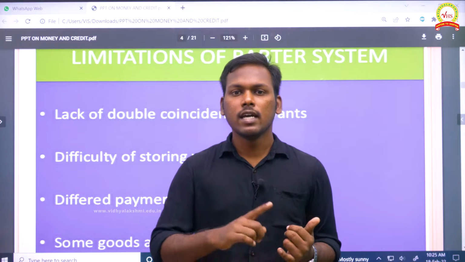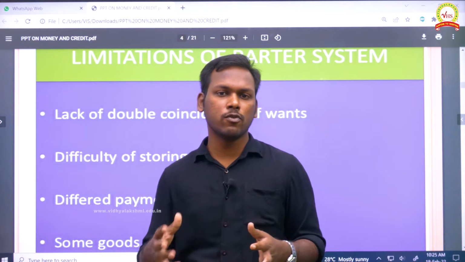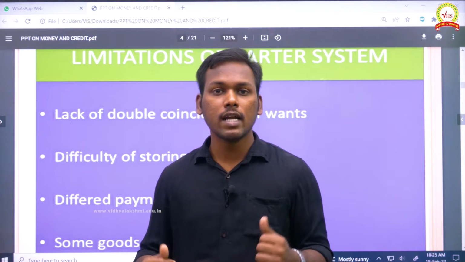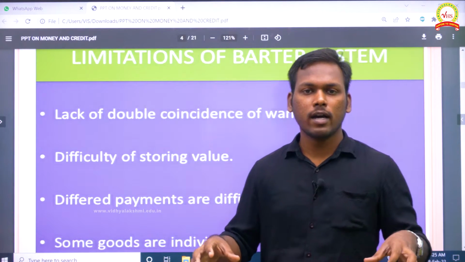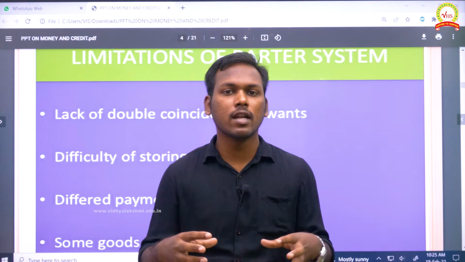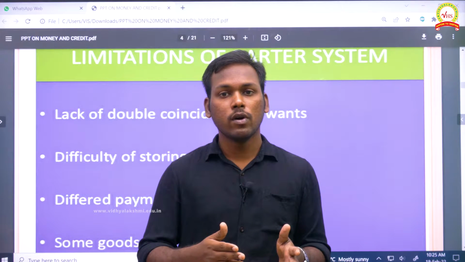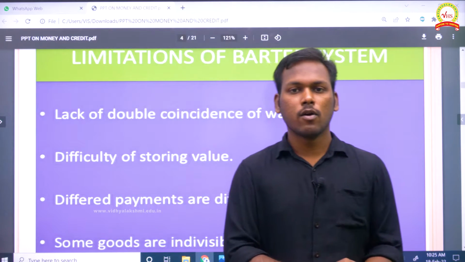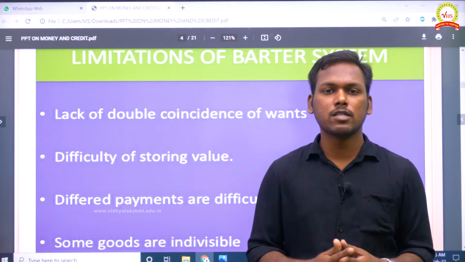We cannot exchange the shoe and the food grains directly, because in the double coincidence of wants, both parties should require the same thing. They need to have some mutual understanding. Here the farmer should require shoes in order to give him food grains. This is called a double coincidence of wants, but it is not at all possible.